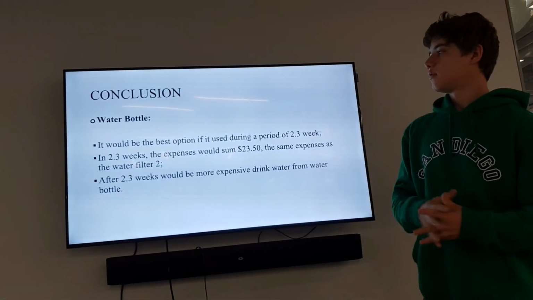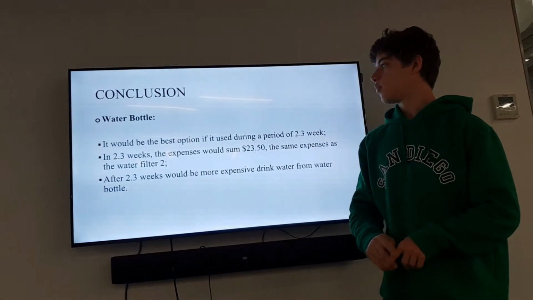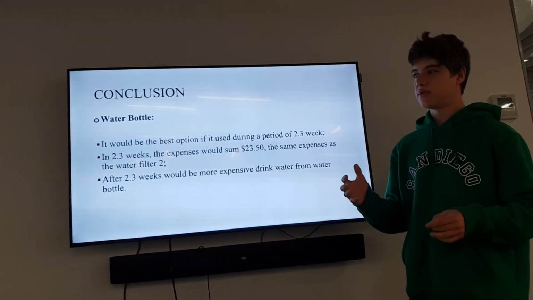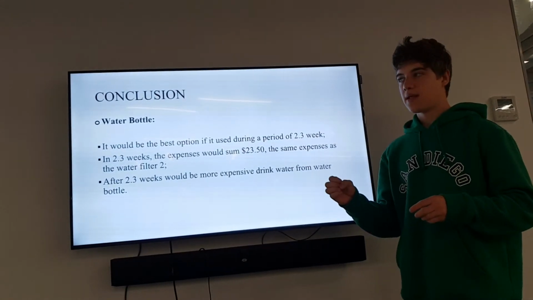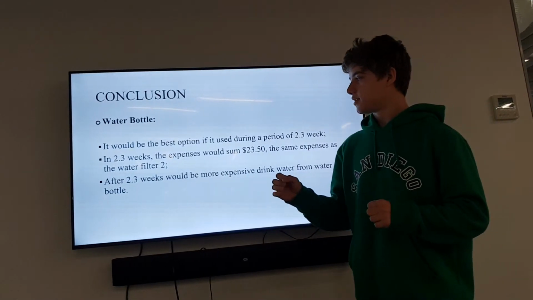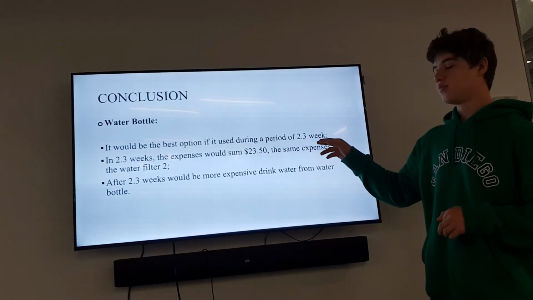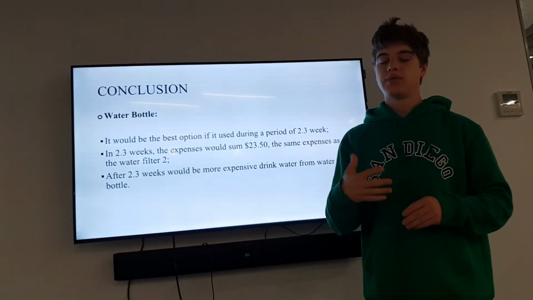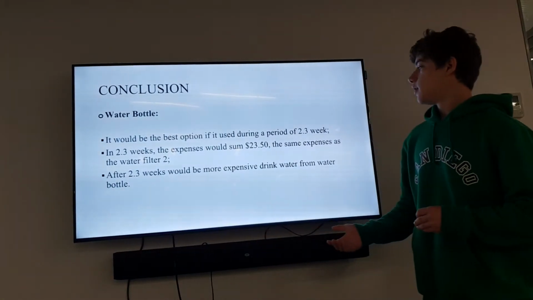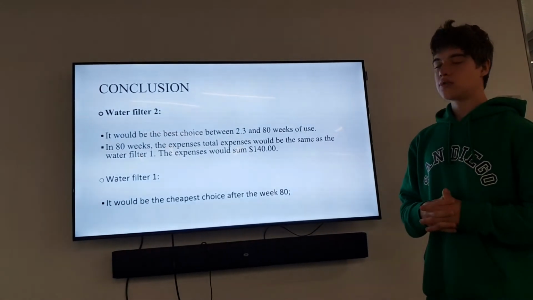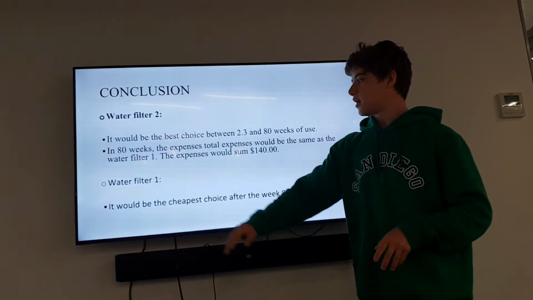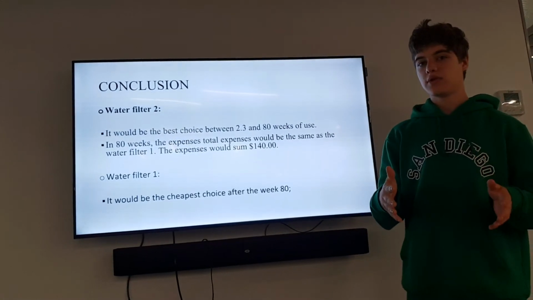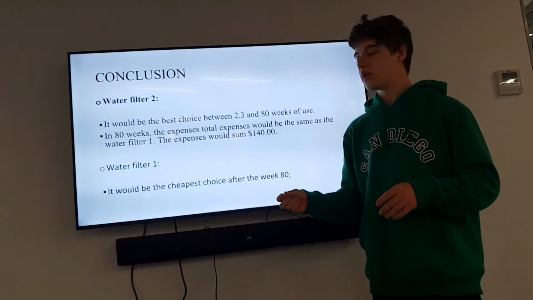So what I could conclude is that water bottles are the best option if you want something for a quick period, just during 2.3 weeks, and after that filter 2 will be the best option. Filter 2 is the best option after 2.3 weeks and until 80 weeks, just in terms of cost.